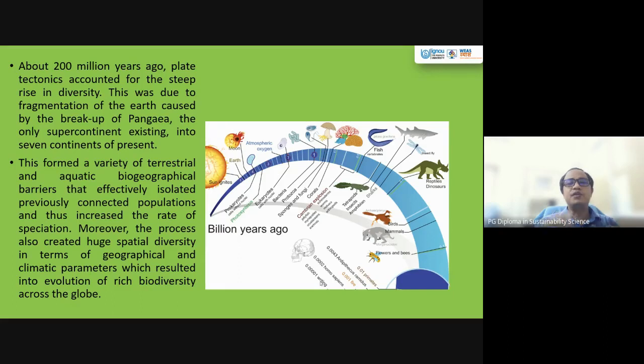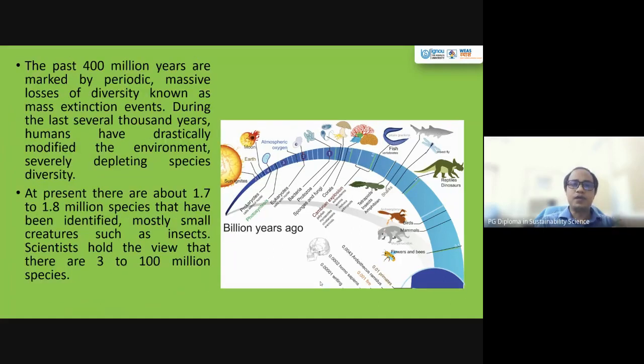Because of the different structures, of course there were different geographical barriers, and at different levels the environmental conditions and soil conditions changed. Because of that, the evolution of species started depending upon the area they lived in.